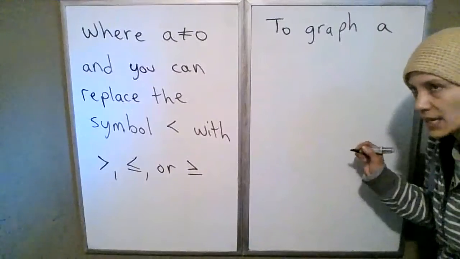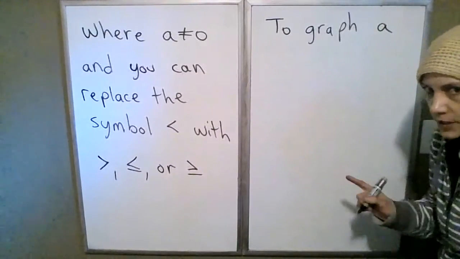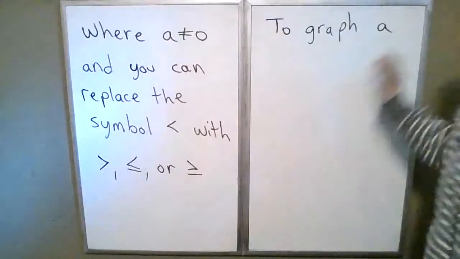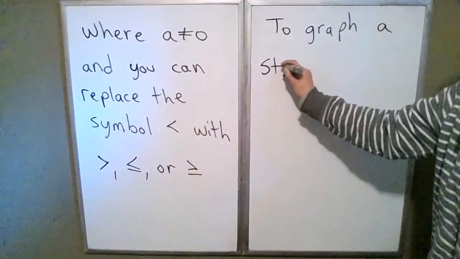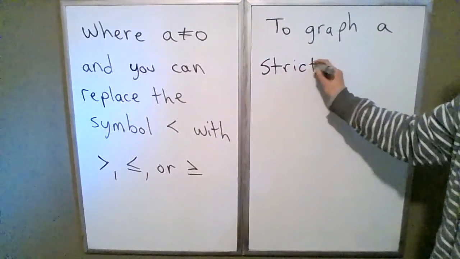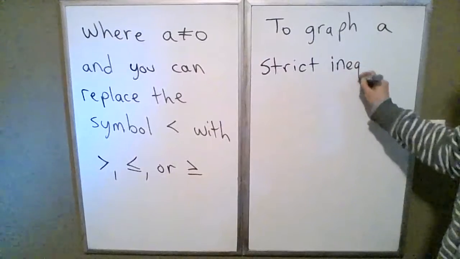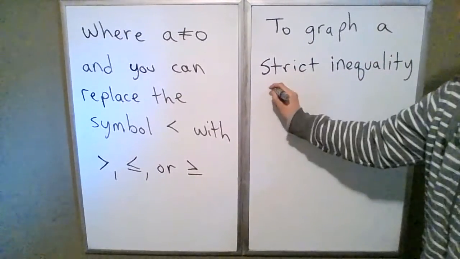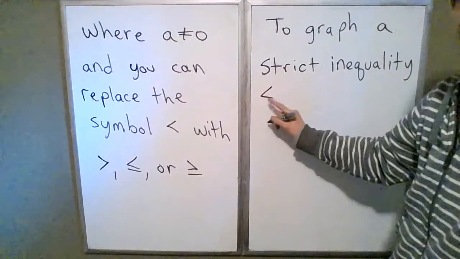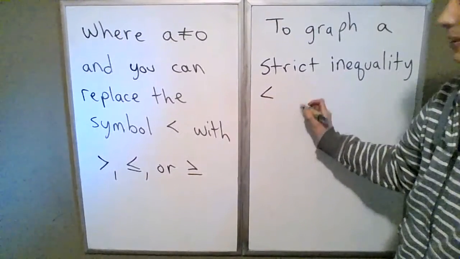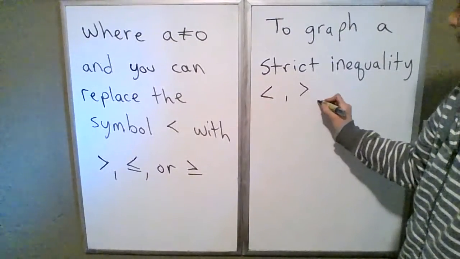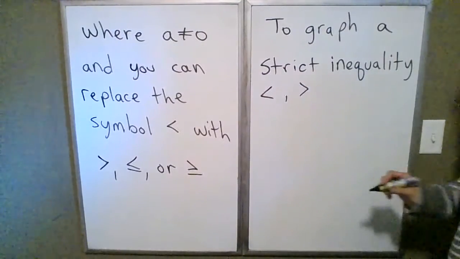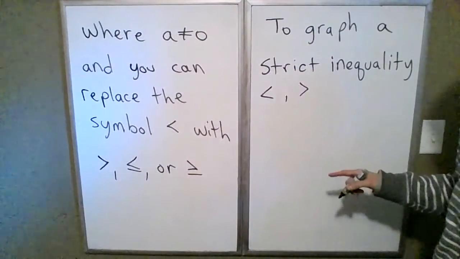To graph a strict inequality, so either this symbol or that symbol, like say it's strictly less than, strictly greater than, you can use open circles or parentheses.